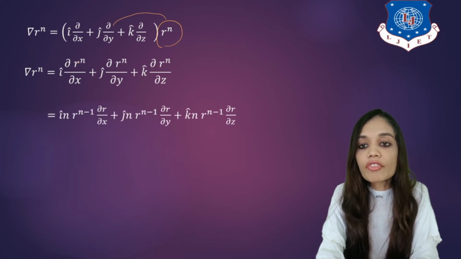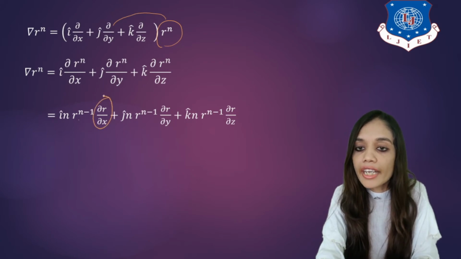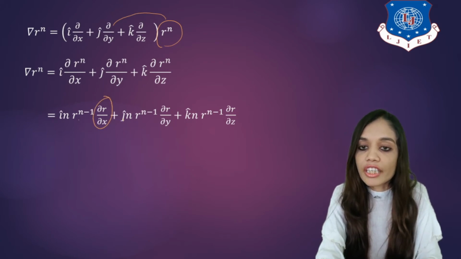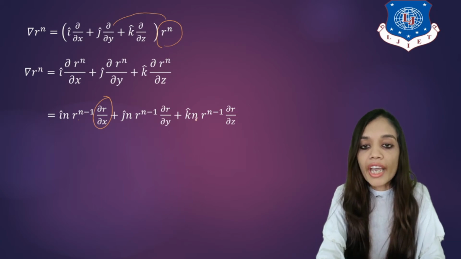So partial derivative of this with respect to x will be equal to n r raised to n minus 1 into del r by del x plus j cap times. Now partial derivative with respect to y will be equal to n r raised to n minus 1 into del r by del y plus k cap into derivative with respect to z will be equal to n r raised to n minus 1 into del r by del z.